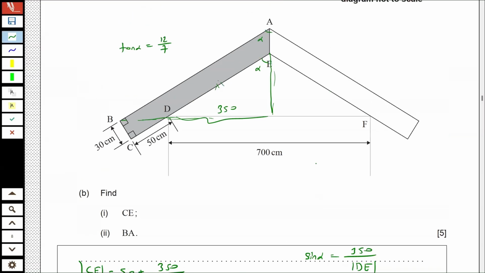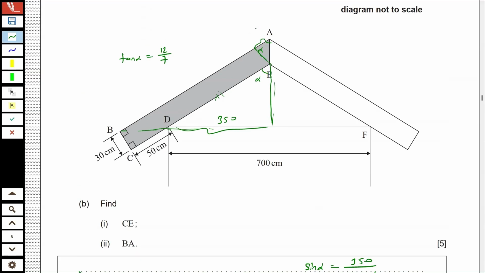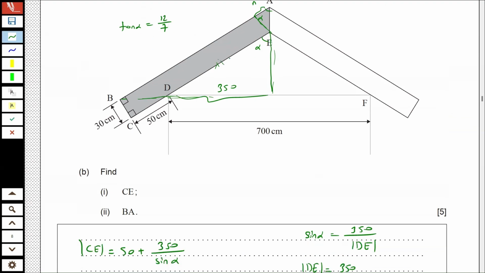Yeah, now we are finding BA. And to find BA, we need this length. Let's call it n. By the way, you're not allowed to draw this diagram, so we're going to erase it again.